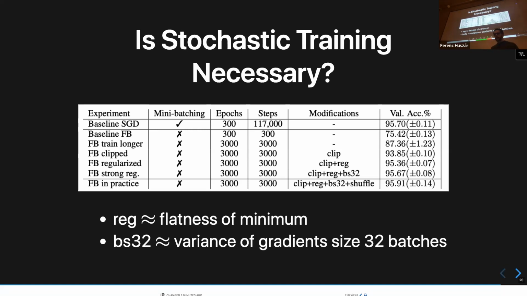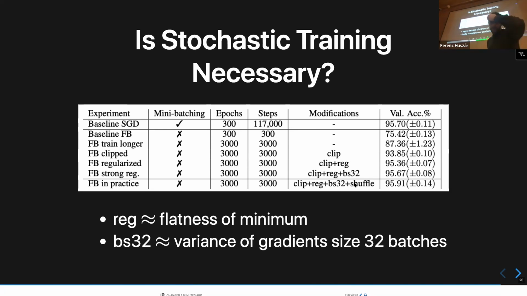So maybe this model, where the benefit of stochasticity is this variance of gradients term, is actually a good model, because we can get the same performance with the mathematical model as we could get with the stochasticity. So yes, this is particularly interesting.